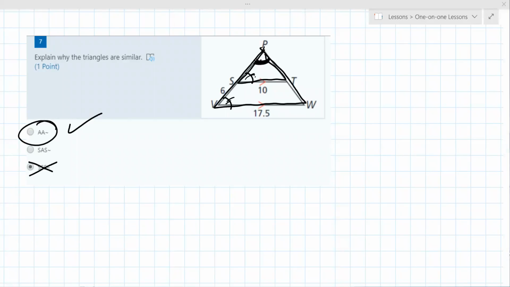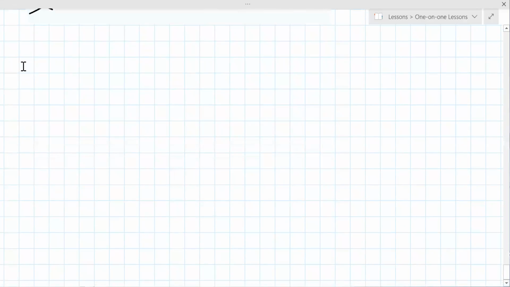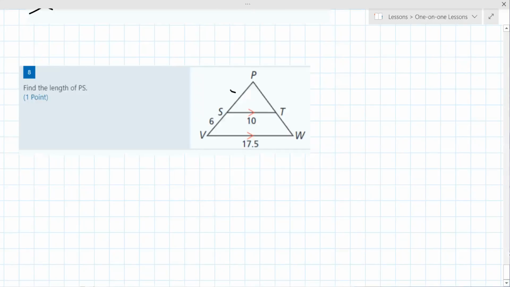All right, now we got to find the length of PS in number 8. So the common mistake here is to try and use the length from S to V. The length from S to V is nothing on its own. It's part of a triangle. But if this is X, this whole length here is X plus 6.